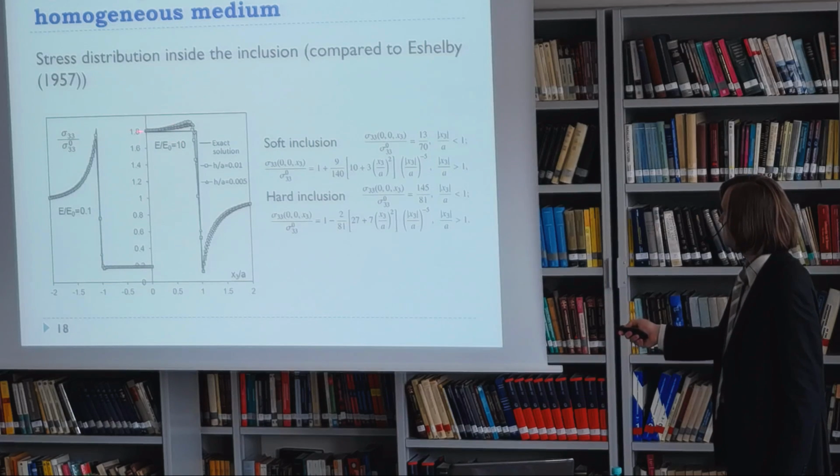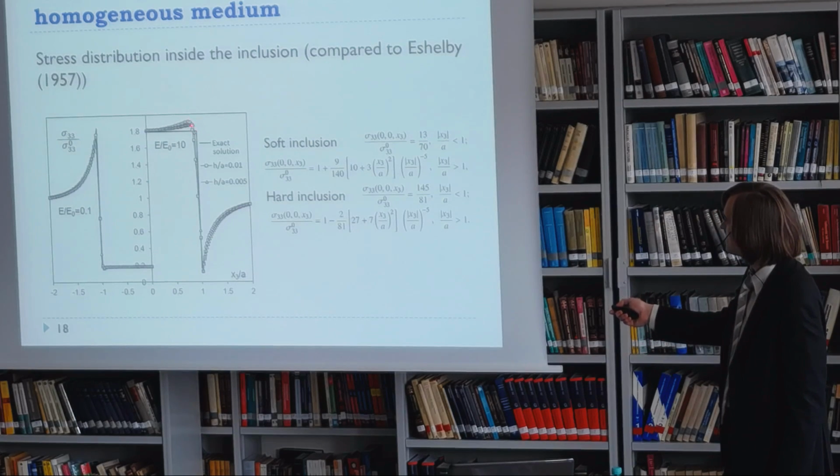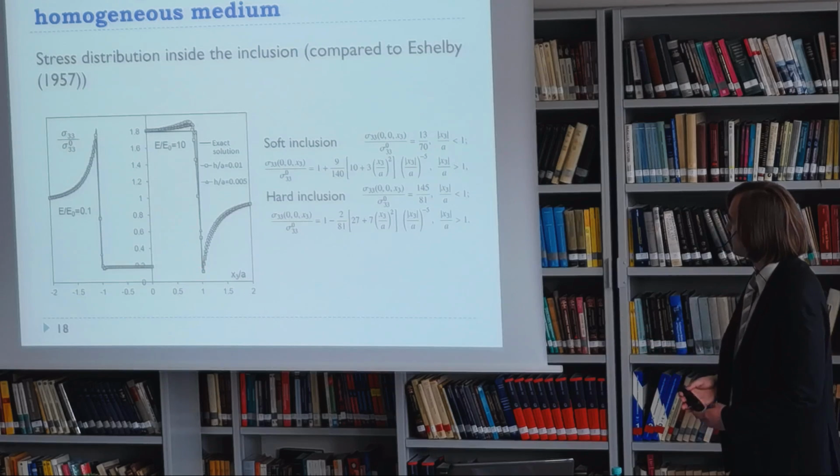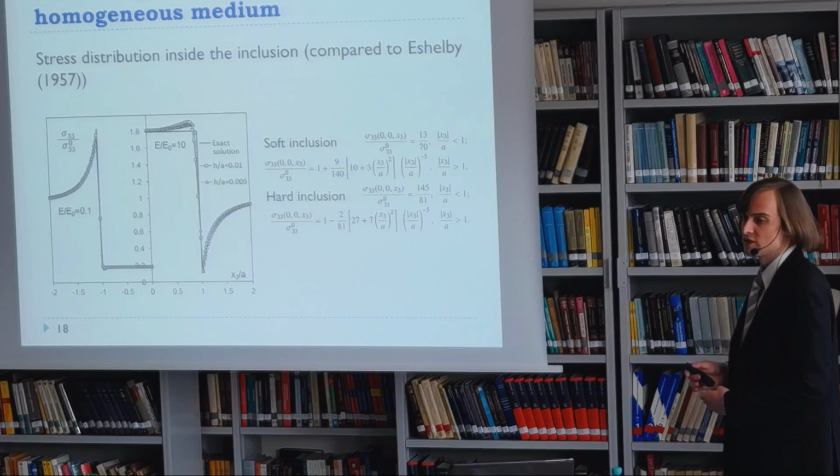It has good convergence in most of the range, but of course it may present some irregularities on the boundary of the inclusion, for the same reason I have mentioned here.